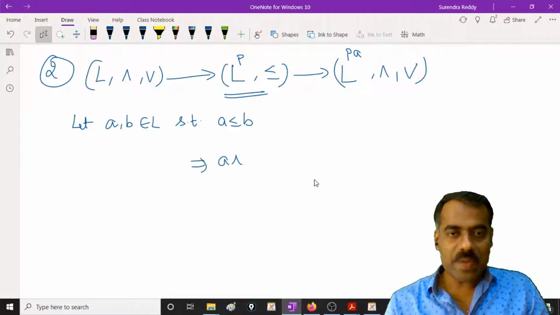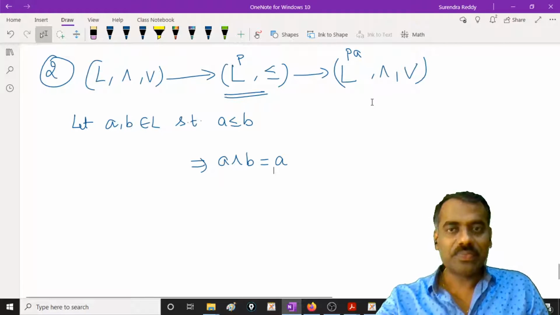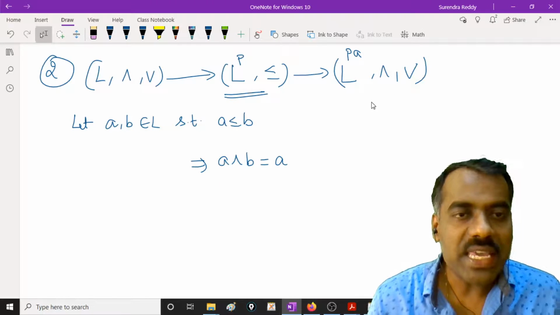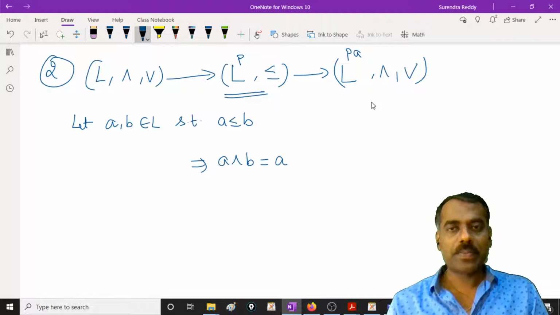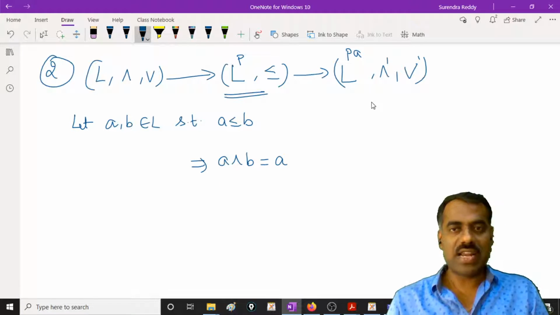A meet b is the same as a, right? Now if a meet b is the same as a, how do you understand from here? That means a meet b here is the same as a meet b here, right? Are you following? Just for your understanding, if you want, you can put it like this.